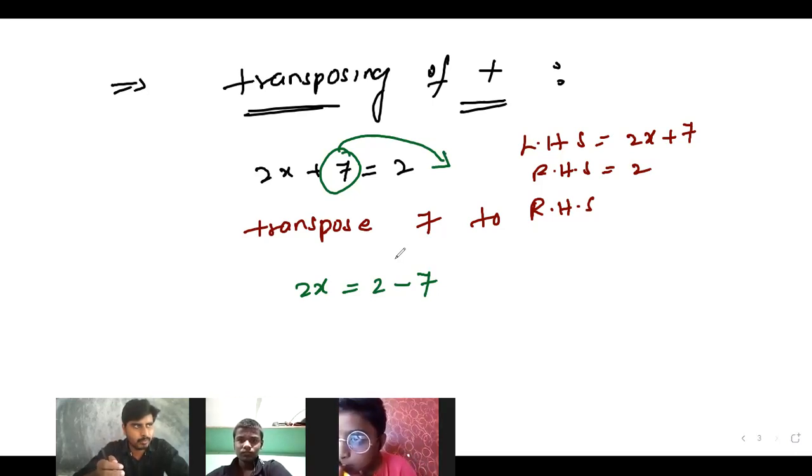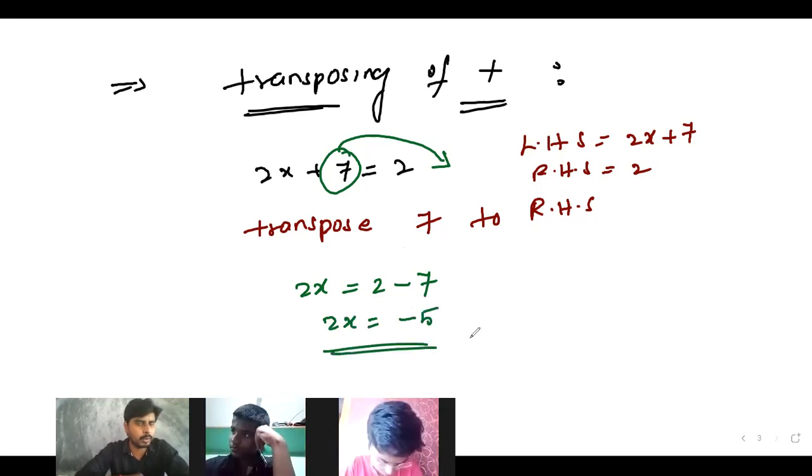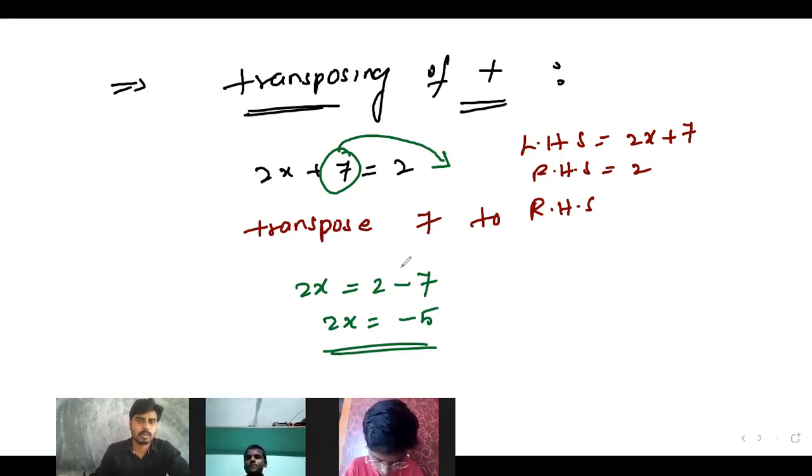What is the sign now? Minus. Got it? So 2x is equals to minus 5. Remember up to there only. Is this clear?